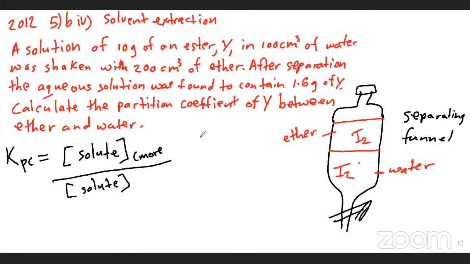You will not put this part in your equation, all right? I'm just explaining. So let us say iodine is more soluble in ether. It would be the concentration of iodine in ether at the top. And the solvent which it is less soluble in will go below the line.